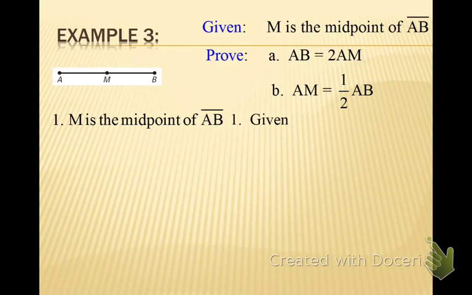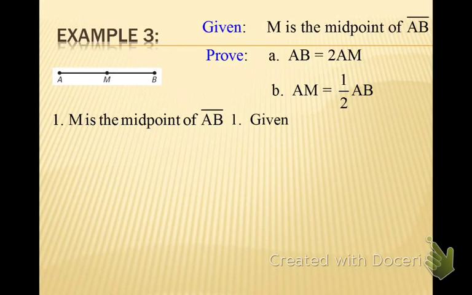If we know M is the midpoint of AB, what do we know from the picture? What would I know? If M is the midpoint, what statement could I make from that? Gage? A and B are the endpoints. That's true, but that's not what I want to say. You're on the right track though. What does that tell me about this segment?